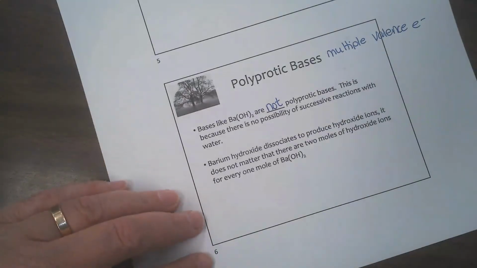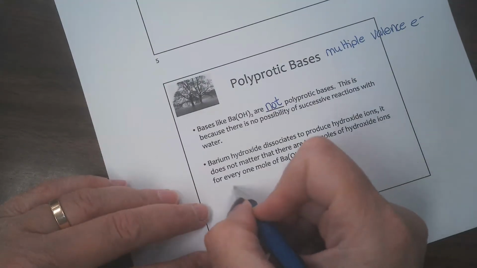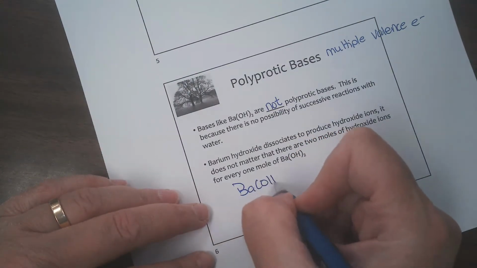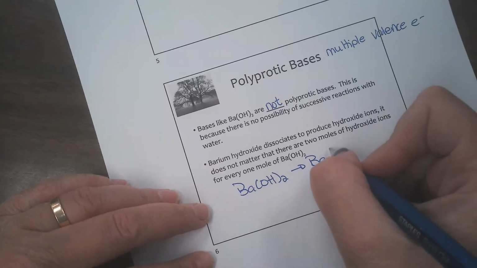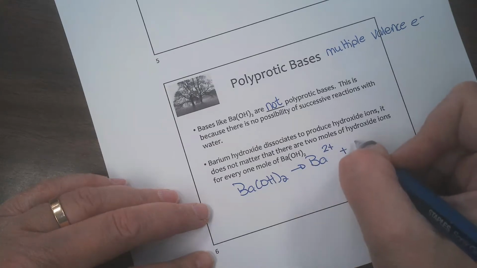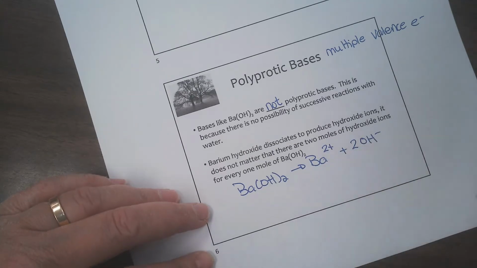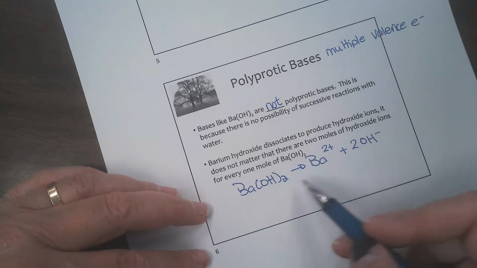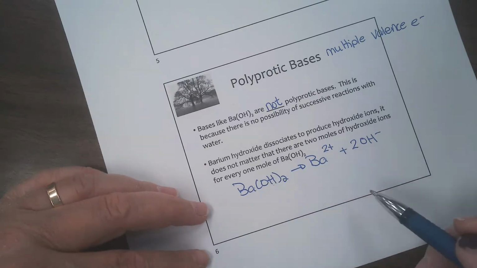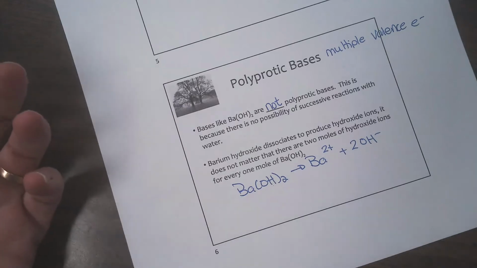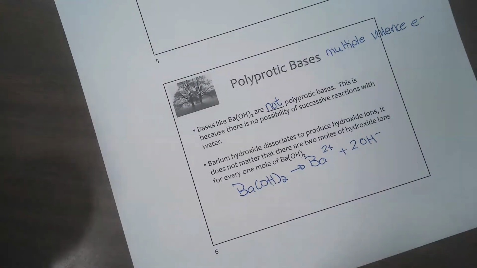Okay, so barium hydroxide will dissociate, meaning that it'll split apart into its cation and its anion. Remember, we have to have a balanced reaction. There's 2 hydroxides here. We'll make sure we have 2 on this side. Okay, and that's it. We can't do another successive step.